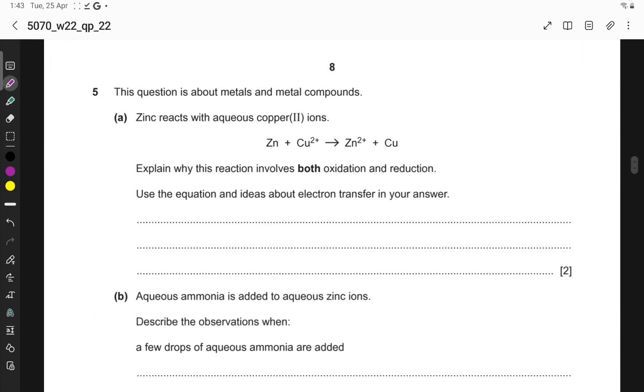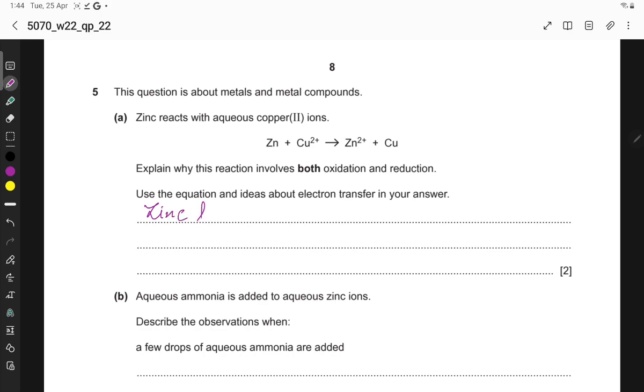Next, question number 5. This question is about metals and metal compounds. Zinc reacts with aqueous copper 2 ions. Explain why this reaction involves both oxidation and reduction. Use the equation.